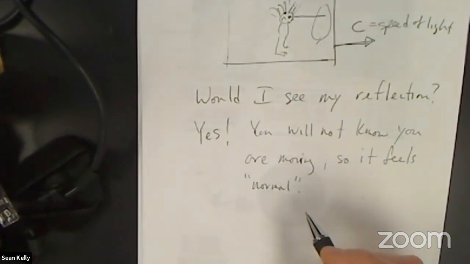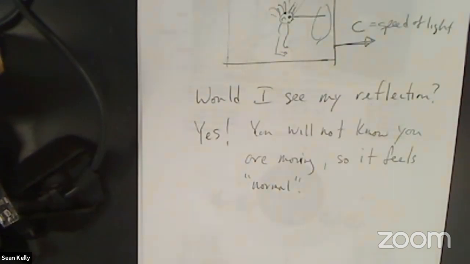There's no sensation of speed. So the very common question to ask would be, have you been on a plane and had the experience that you don't feel like you're moving, right? Can you be on a plane and feel as though you're not moving? And as long as the air is still, the answer is yes, right?